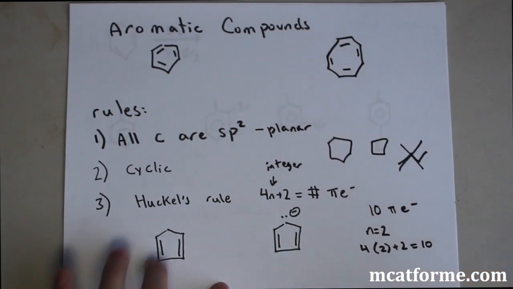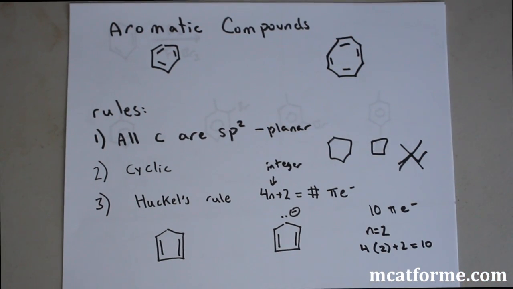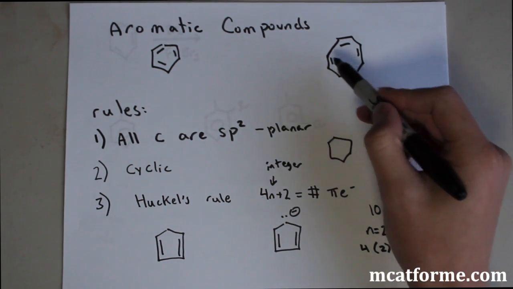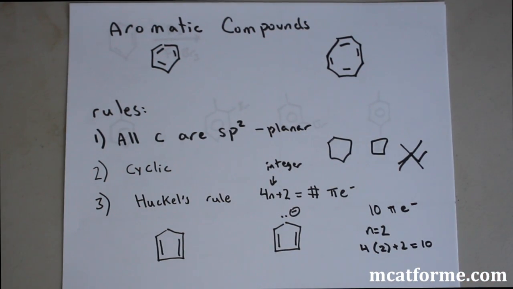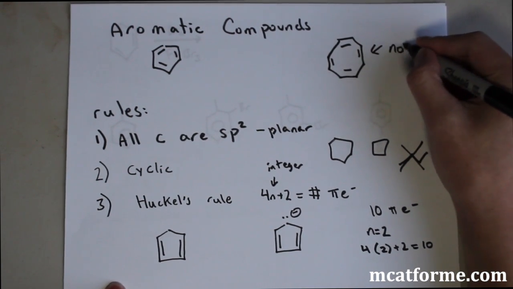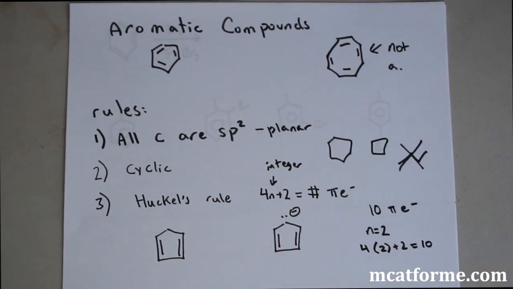We see this molecule right here. 8 carbons, and it has 8 pi electrons, right? We would see 2 in each of these double bonds, so that would be 8 total electrons. So if it's 8, then that would mean it is not aromatic. But in this case, it has 6 pi electrons. 4 times 1 plus 2 equals 6. So this would be aromatic, that benzene ring.